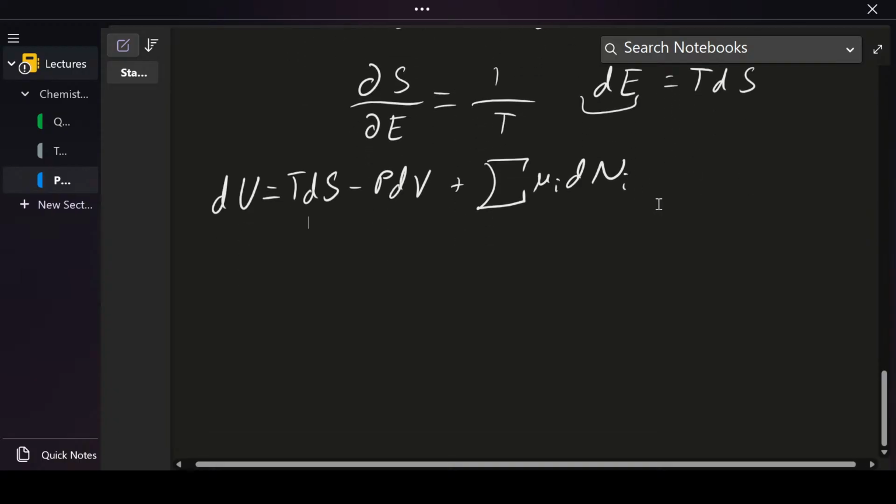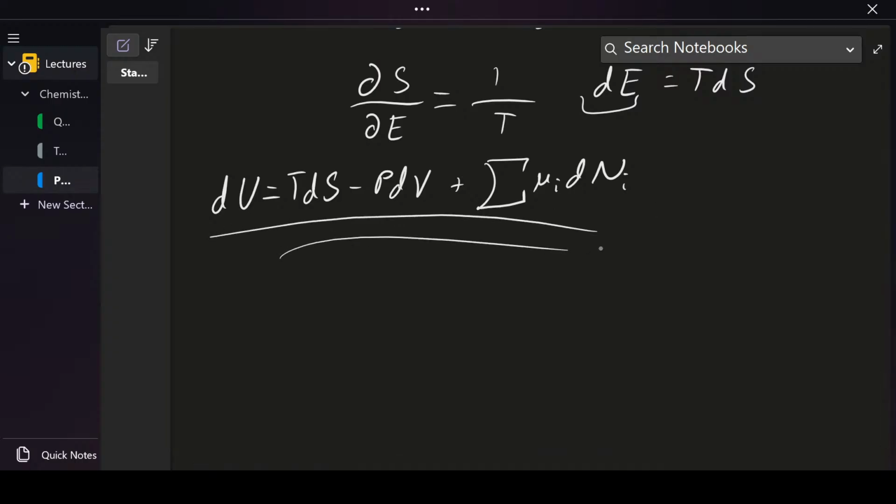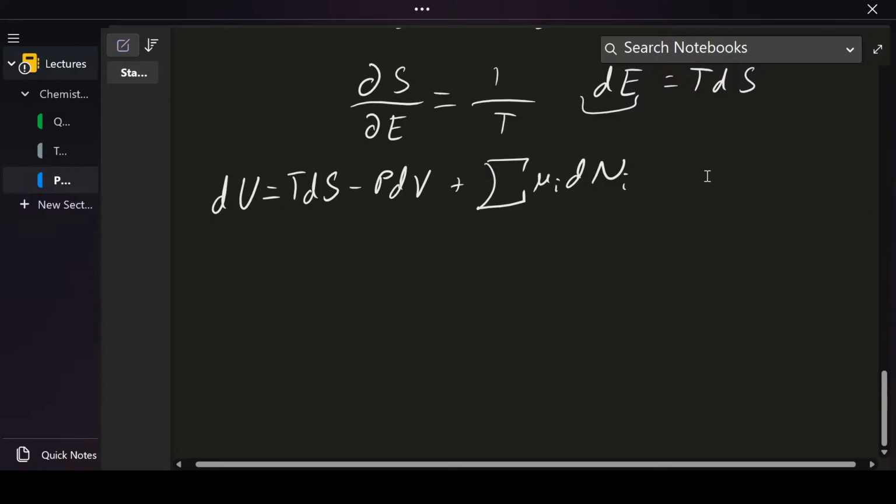So yeah, this is the first law of thermodynamics, this expression here. And it talks about the different ways I can change the total energy of my system.